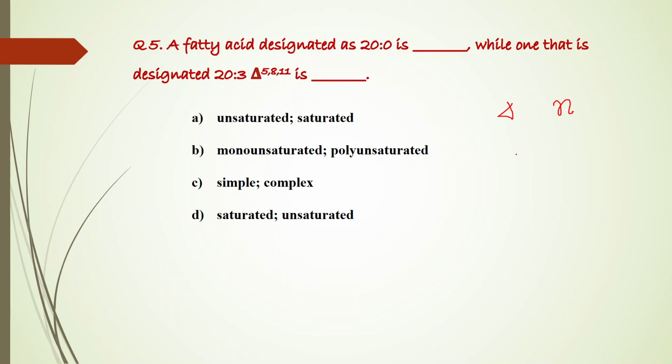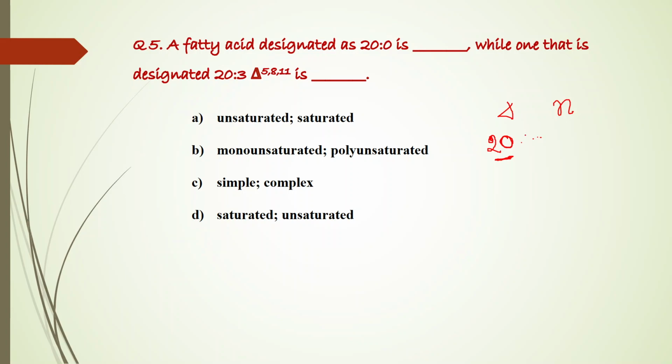In both cases, the very first number means the number of carbon atoms in the chain, right? Throughout the chain length, how many carbon atoms are there, that is what it represents. So there are 20 carbon atoms. Both in case of delta and n, it will be the same.